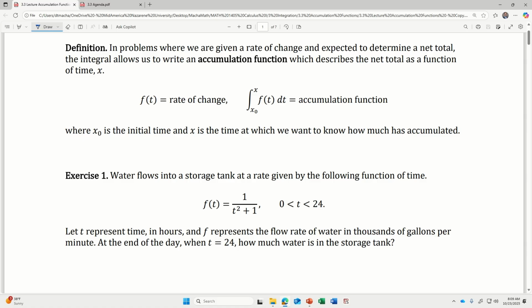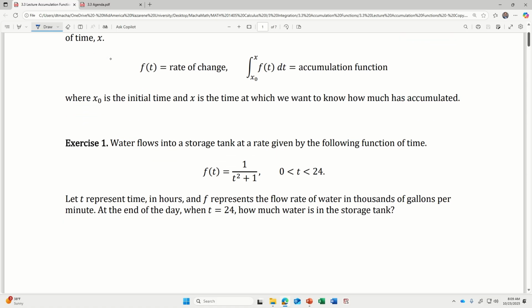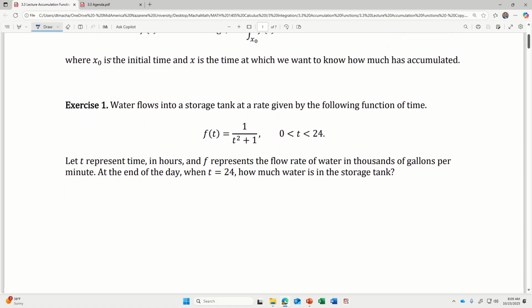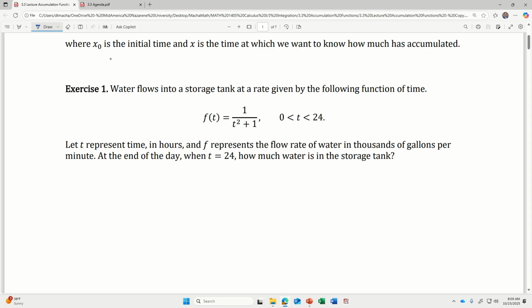So these are just application problems now. We've learned about integrals. We've learned about how to calculate areas using integrals. Now we're just finding other applications for the integral. Like this one says, water flows into a storage tank at a rate given by this function.